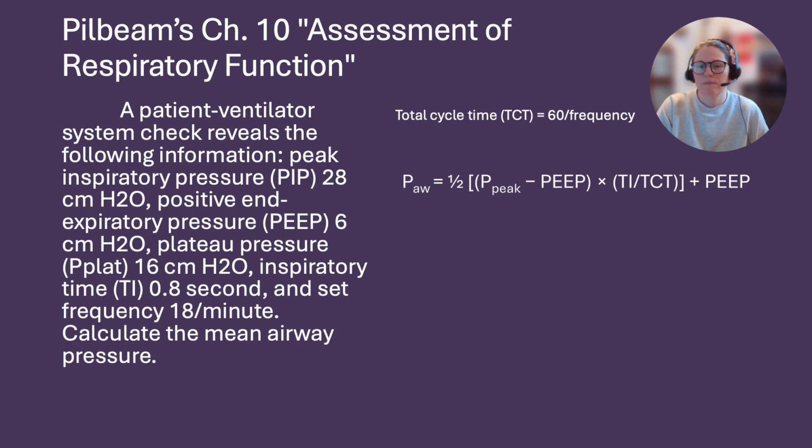So let's go ahead and jump in. Okay, so first things first, we're going to have to do the total cycle time equation. And for this, we are looking at 60 divided by a respiratory rate of, where was that? 18.